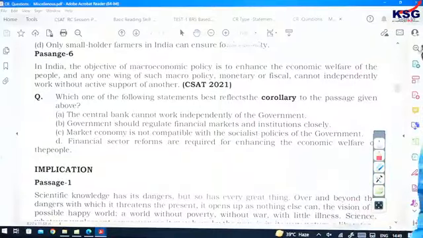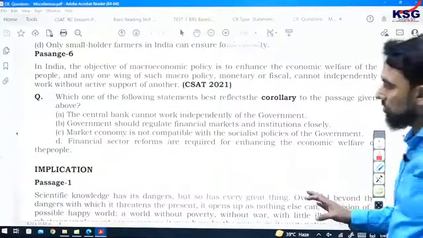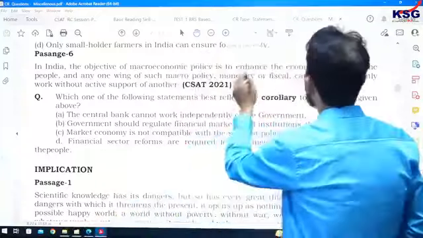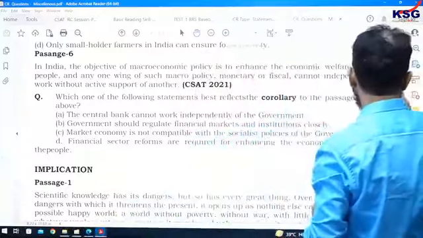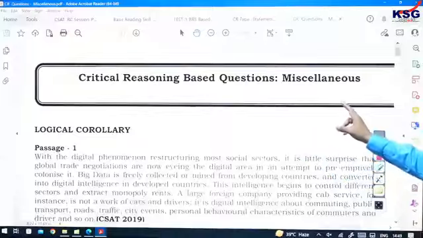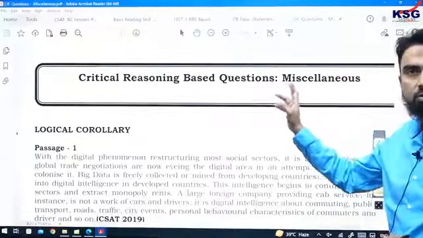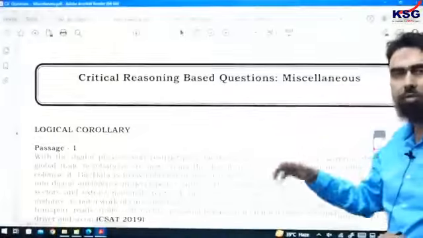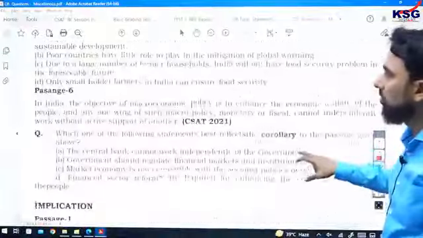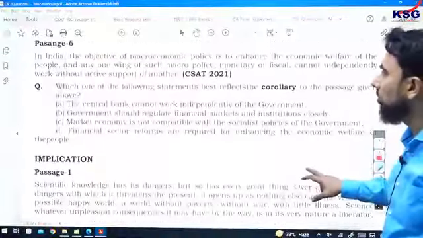I have opened this file, CR questions, miscellaneous types. This is the title of the sheet, critical reasoning based questions, miscellaneous. It is there in the portal, right? And in this sheet, go for passage number 6, asked in the paper 2021.